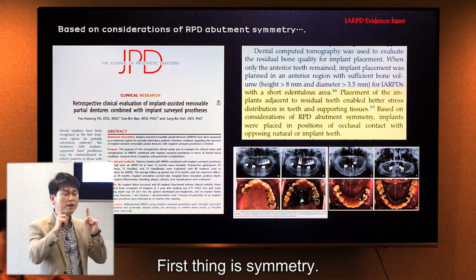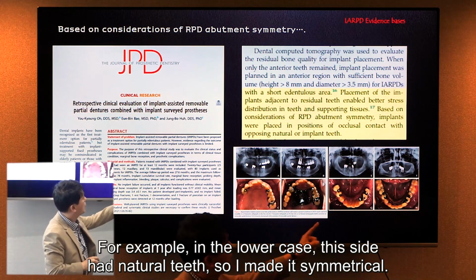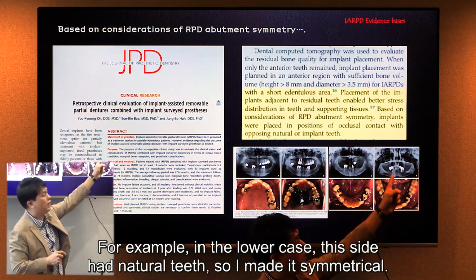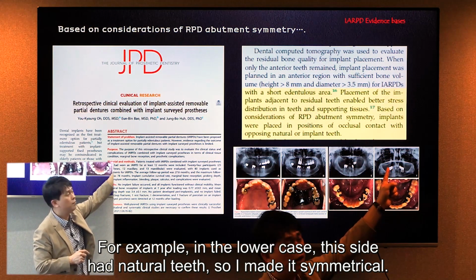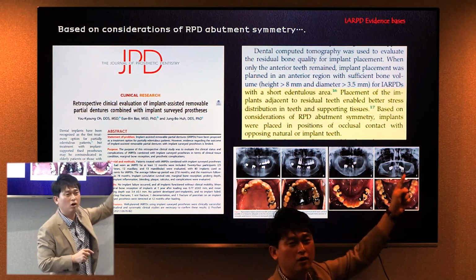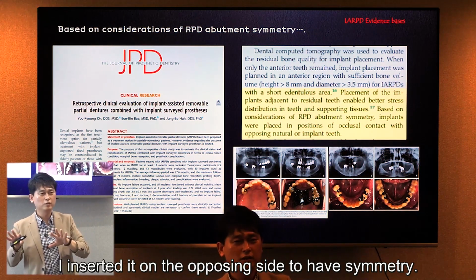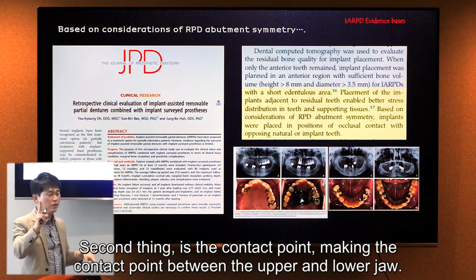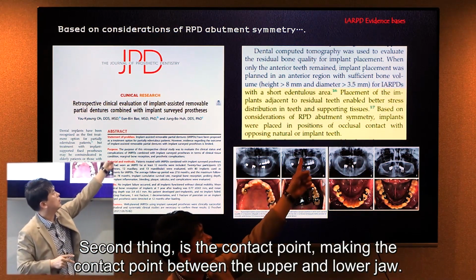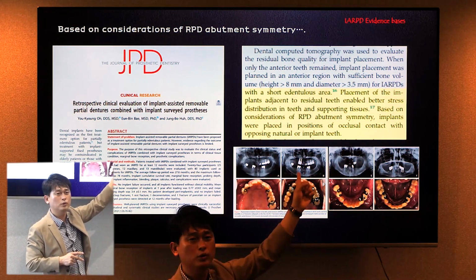The first thing is symmetry. For example, in the lower case, this side has the natural teeth. I make the symmetry. I insert implants on the opposing side with symmetry. And the second thing is the contact point, making the contact point between the upper and lower jaw.